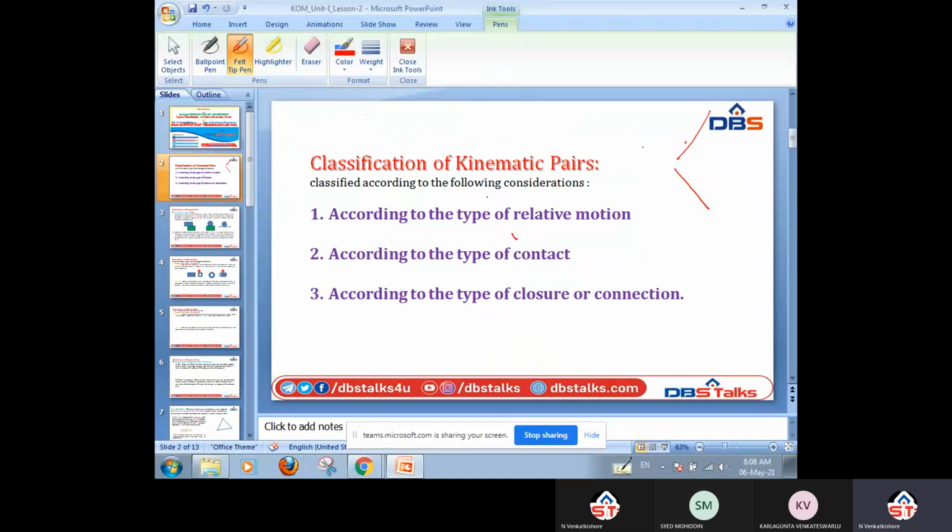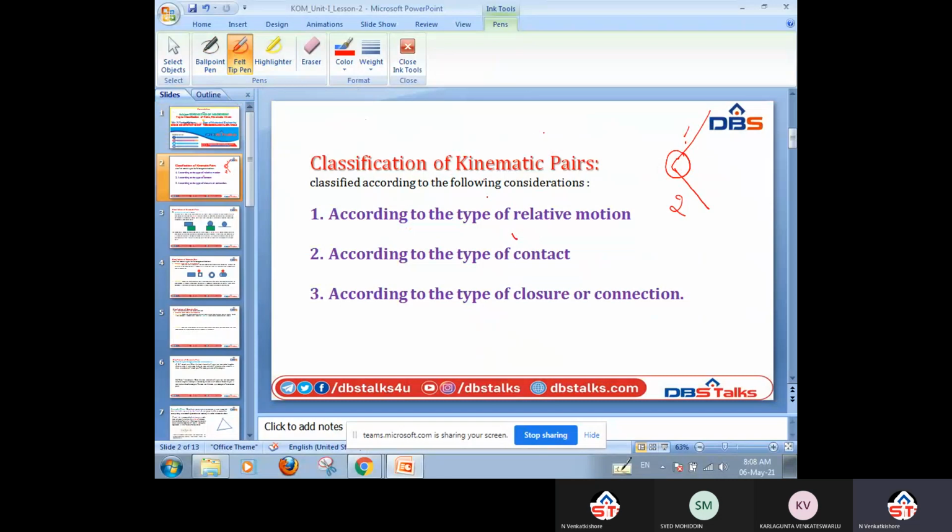Whenever these two are connected or joined, that connection we will call a pair. This is link 1 and this is link 2. These two are joined at some place, or these two are having a relative motion. This is called a pair.